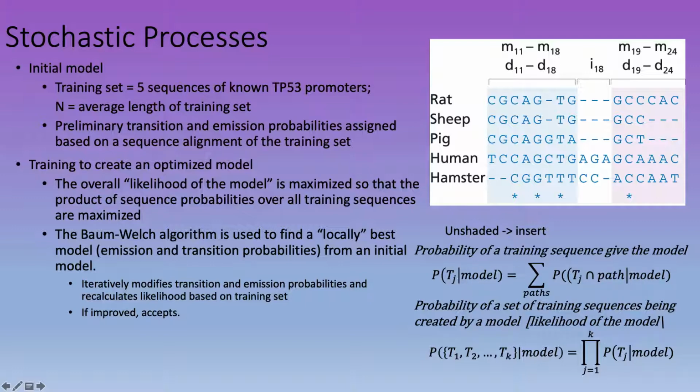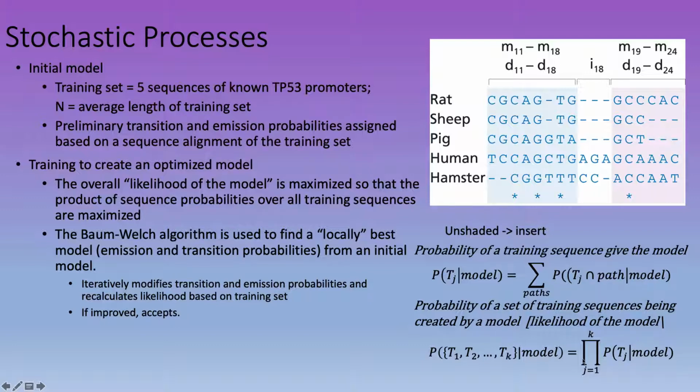But then we look to see what the probability is if I give it a set of sequences, using your training set to do this. So you're trying to figure out the probability of getting a set of sequences given the model. This is the likelihood of the model over here, the product of the sequence probabilities of all the training sequences.